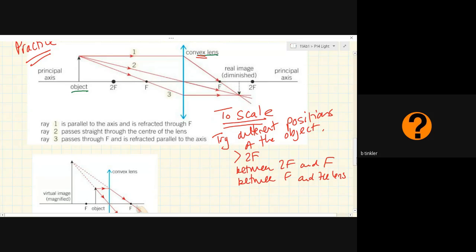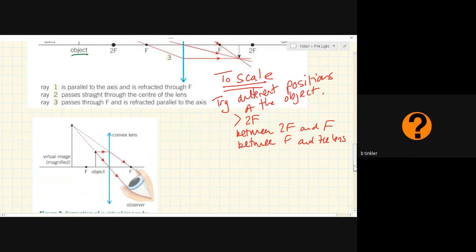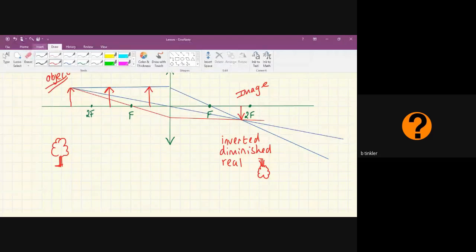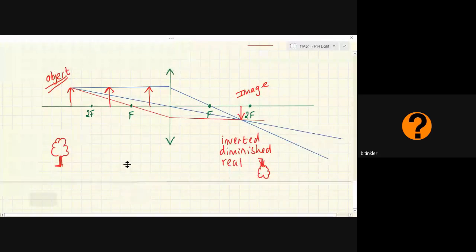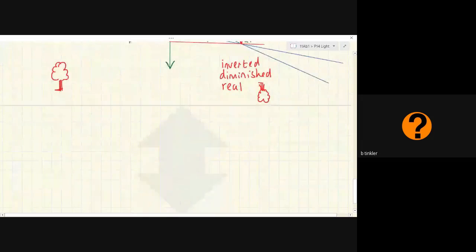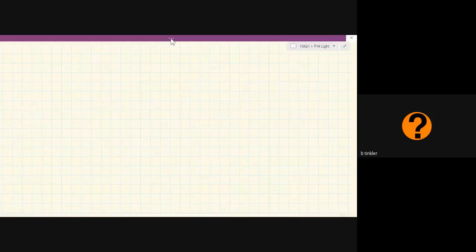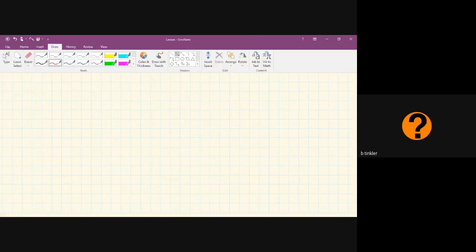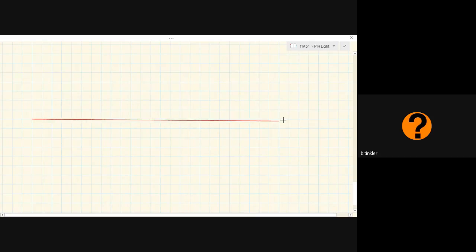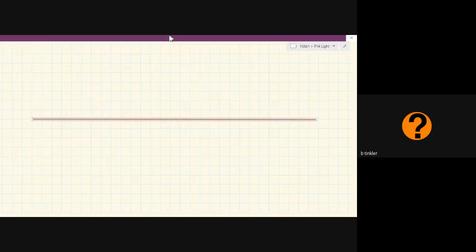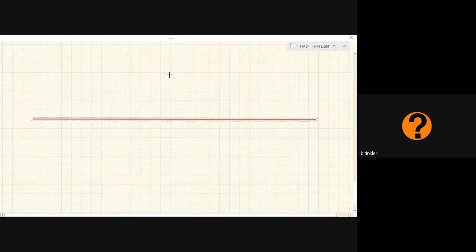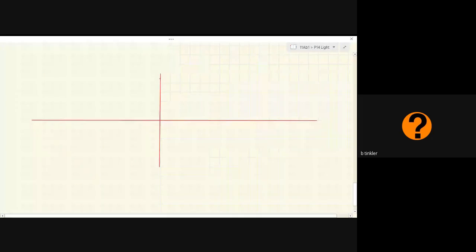Now, if we were doing the same diagram for a concave lens, bear with me. Everything is the same. So we're going to set up our principal axis. We're going to draw a line to represent the lens.